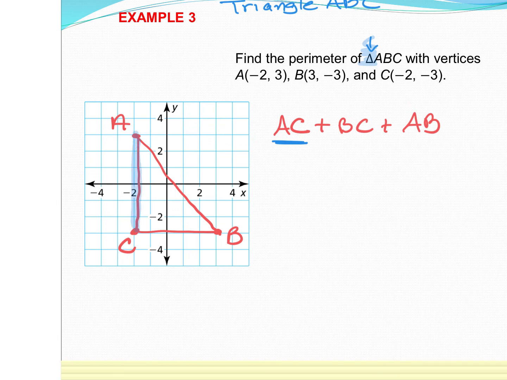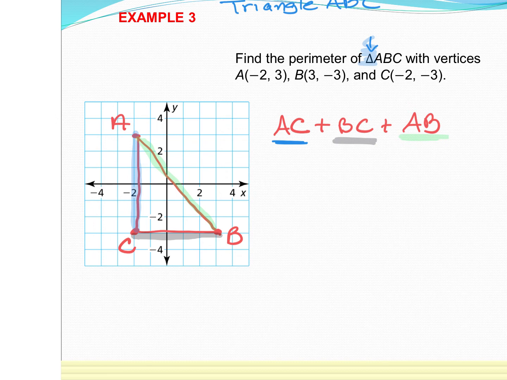I can either just count the squares since I've got it graphed nice and pretty, or I could do the subtraction. And then side BC is right here. It's horizontal. I could also count the squares. However, for side AB, this one I need to do the distance formula.